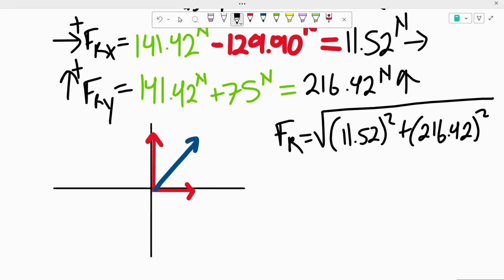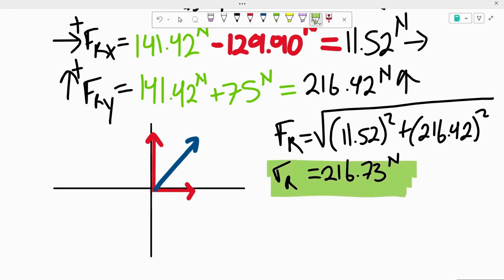So we input that into our calculator, and that should give you a magnitude of 216.73 newtons. And just like that, we were able to find the first answer to our problem, which was asking us to determine the magnitude of the resultant force.